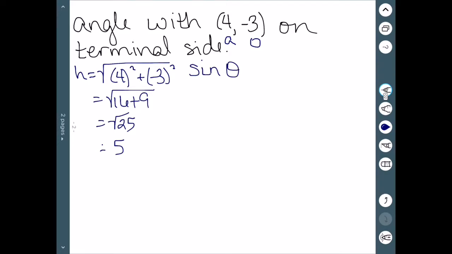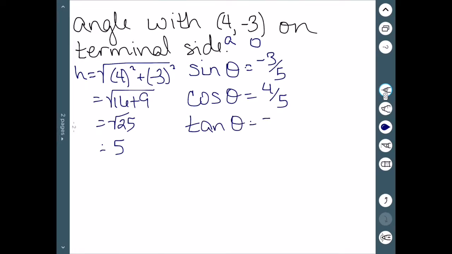Now sine of theta is opposite over hypotenuse. Cosine of theta is adjacent over hypotenuse. Tangent of theta is opposite over adjacent. Cosecant of theta is hypotenuse over opposite.